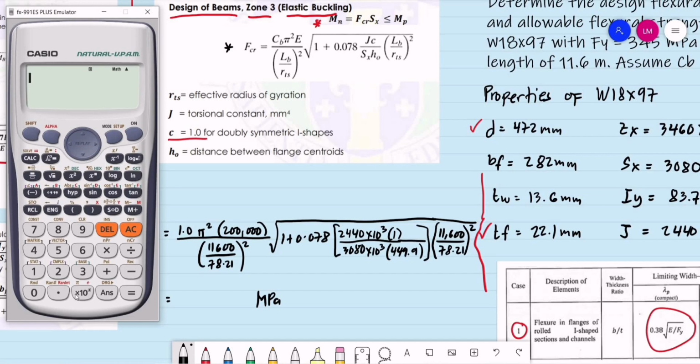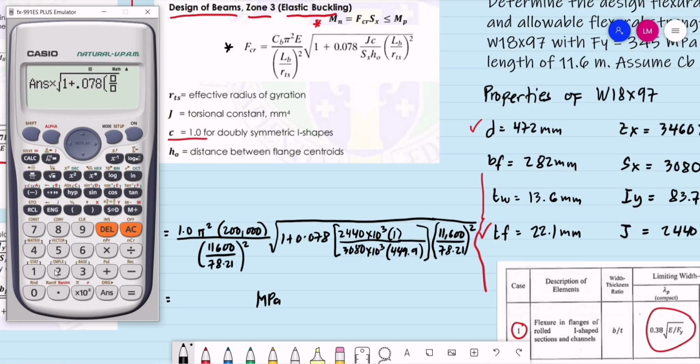So we have that as pi squared, multiplied by 200,000 megapascals, then divided by the unbraced length, 11,600, divided by rts, that is 78.21. This quantity squared. Then the answer is multiplied by the square root of 1 plus 0.078.